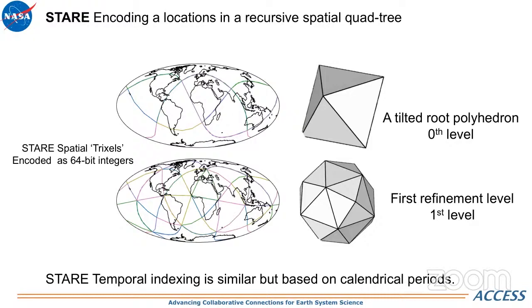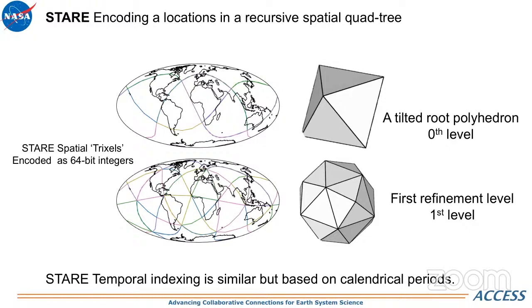We start with a tilted root polyhedron and then project the edges of that polyhedron up onto the sphere. So we're actually partitioning a solid angle, and we tilt it so that the projected edges don't fall on common fiducial marks like the equator and poles or meridians, and that helps us reduce the ambiguity in the system.